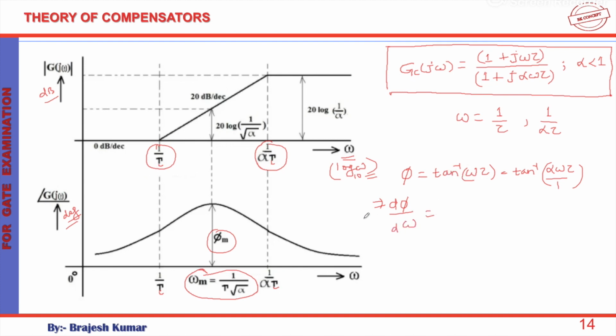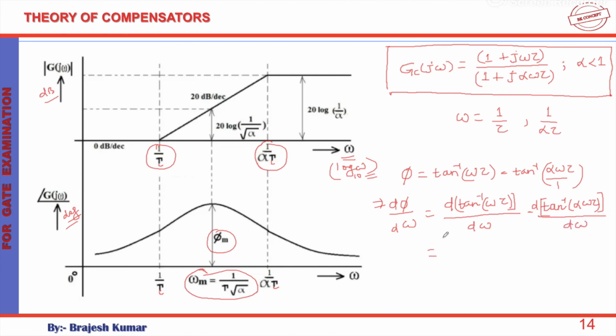So what is the differentiation of tan inverse x? Well, this will become d of tan inverse of omega tau divided by d omega, minus the differentiation of tan inverse of alpha omega tau divided by d omega.